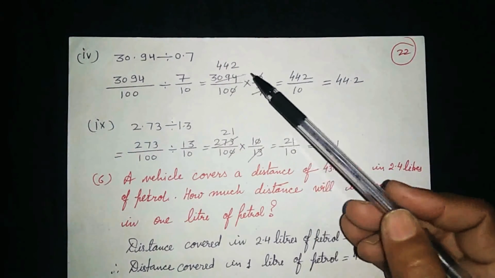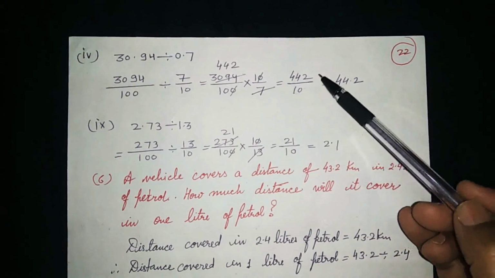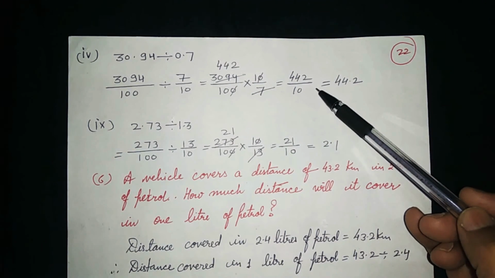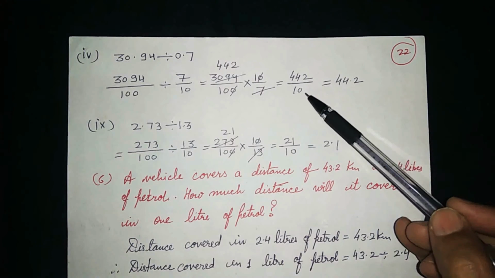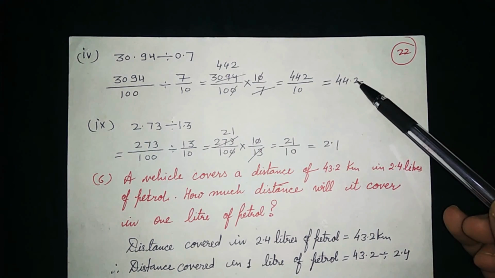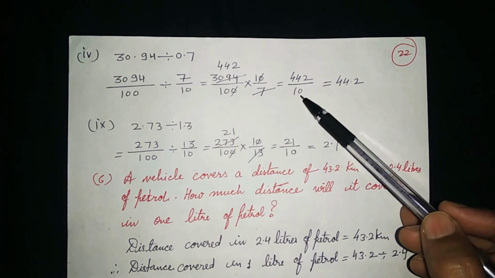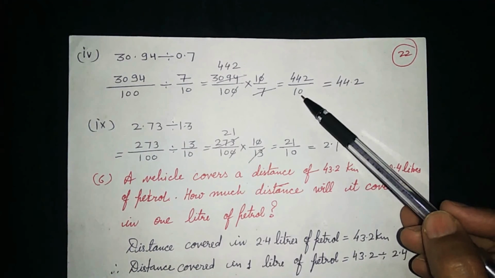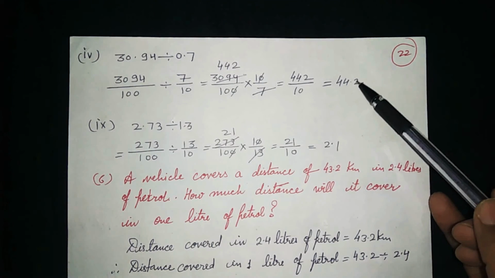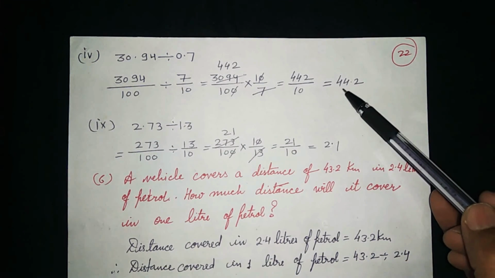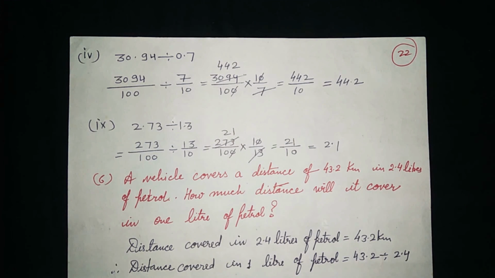Now 442 into 1 is 442, 10 into 1 is 10. So the number in fraction is 442 divided by 10, and now we will write it in decimal. As we can see, 10 has only 1 zero. So from the last we will leave 1 digit and then put the decimal. Our answer will be 44.2.